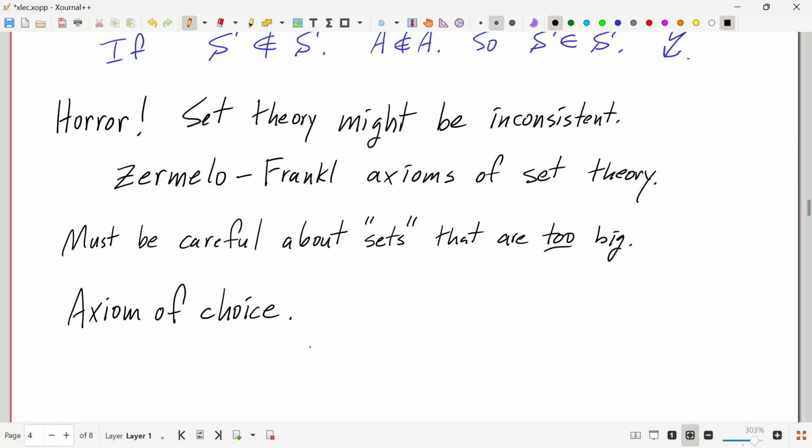Question? Yeah, so this paradox is obviously built on sets like A that are not in A. Could you explain that a little further? I'm having trouble understanding. Let's see, what's a set that's in itself? Or a set that isn't in itself. That should be on the tip of my tongue.